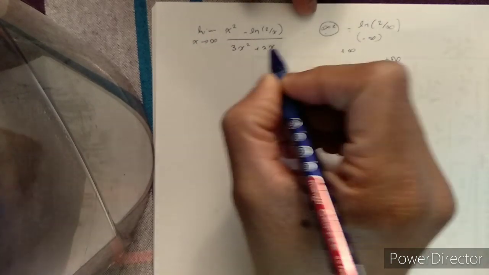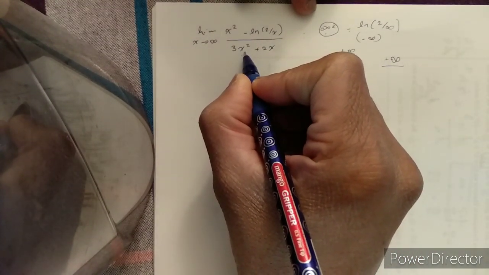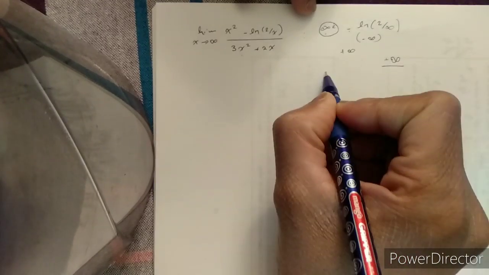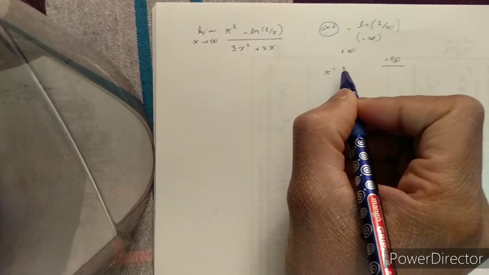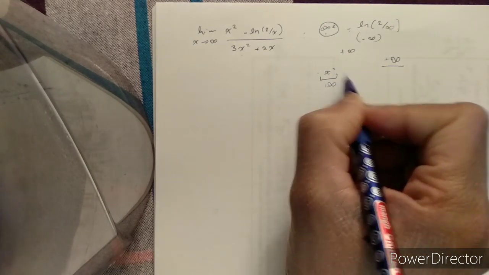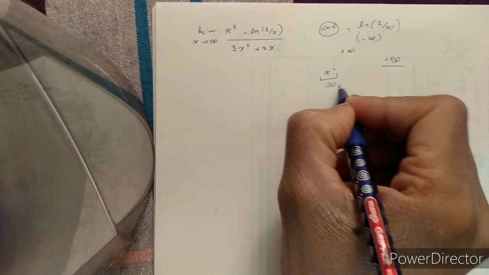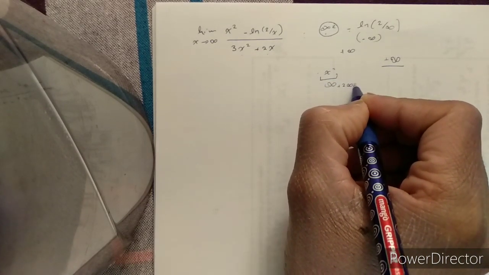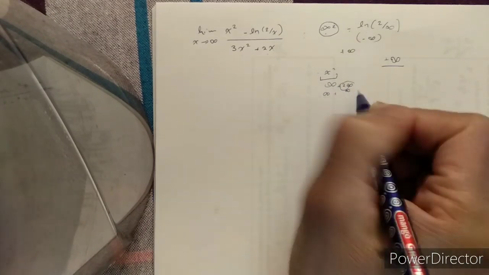And for the denominator, as we have x squared, it becomes infinity squared times 3, which is again a very large positive number, so we can denote it as infinity. And for 2x, again it will be 2 times infinity, which is infinity. So this is like infinity plus infinity.